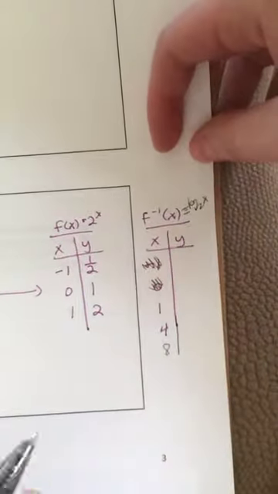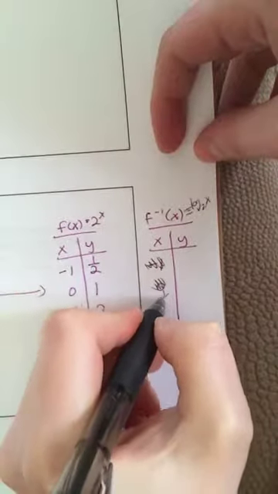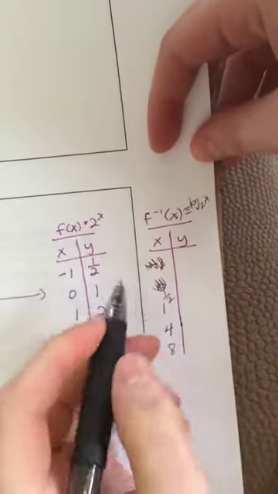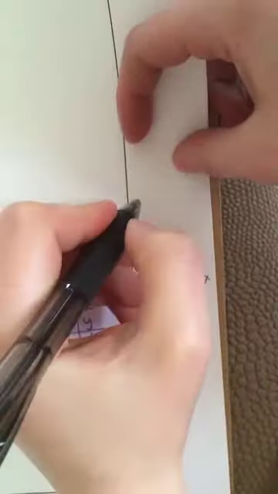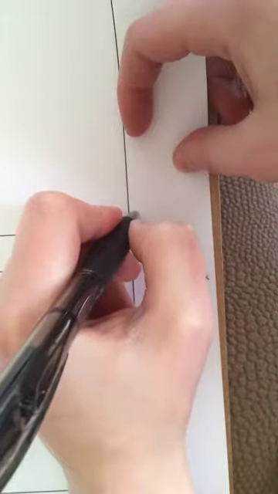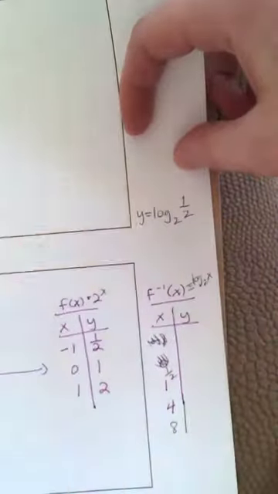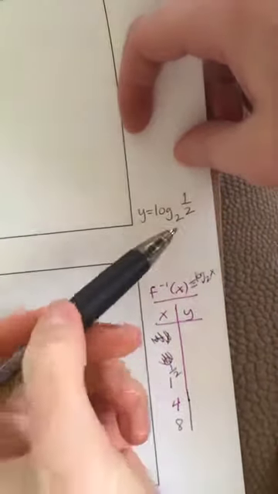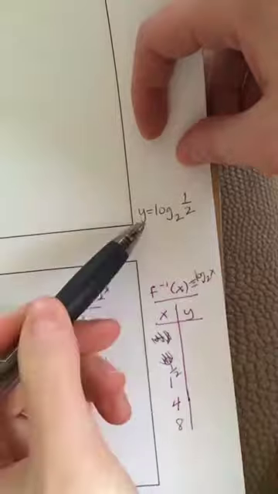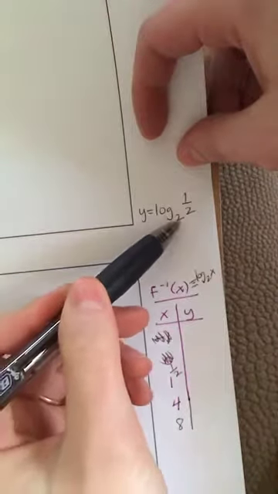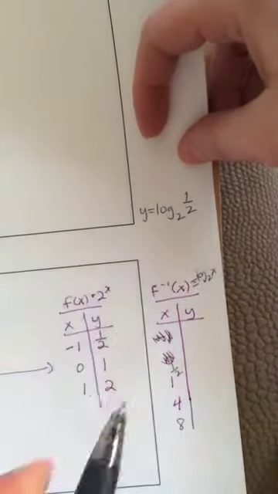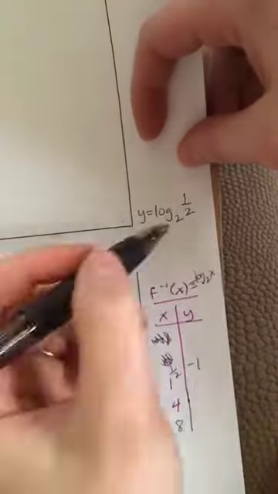And we'll do 1/2. Okay, so if I want to know what y is when I have log base 2 of 1/2, so my x value is 1/2. What is the y value? What's the exponent that makes this true? -1.